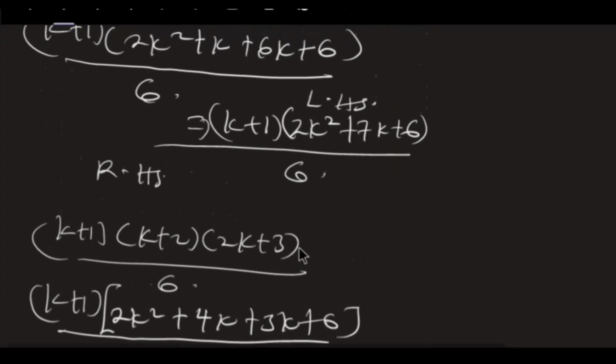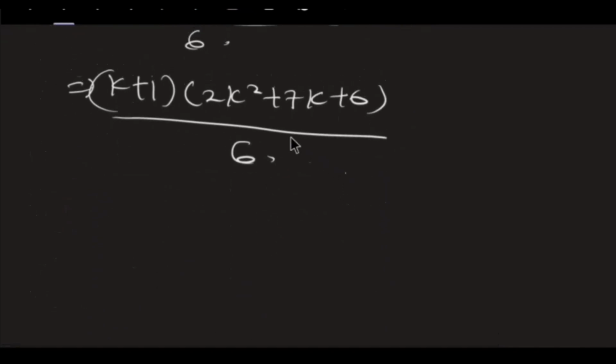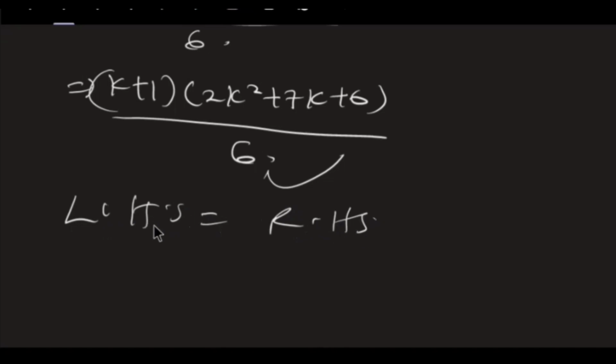So now this is our right hand side, this is the left hand side, k plus 1, 2k squared plus 7k plus 6 all on 6. The right hand side too is k plus 1, 2k squared plus 7k plus 6. Since LHS is equal to RHS, the left hand side is equal to right hand side.